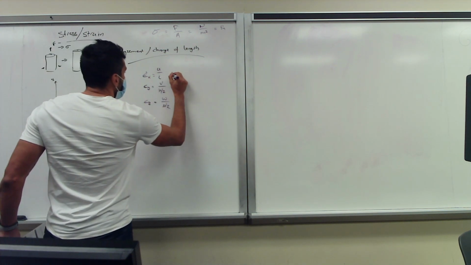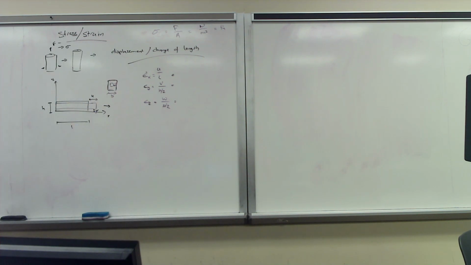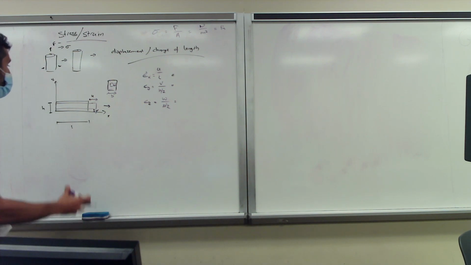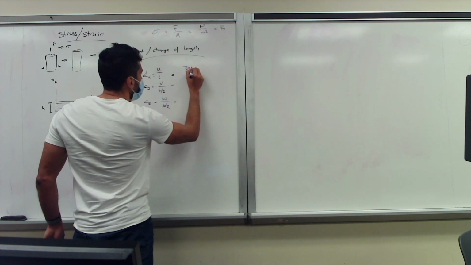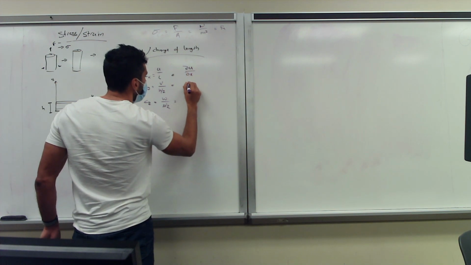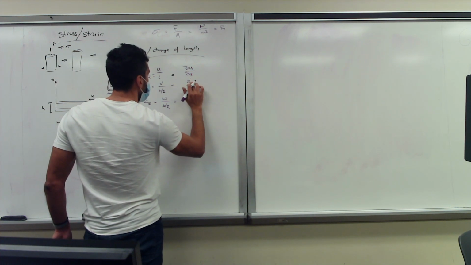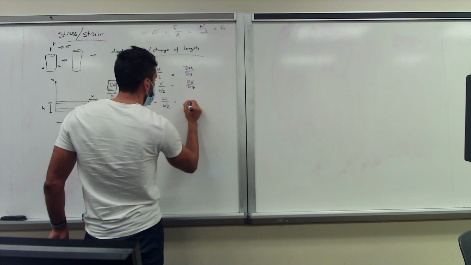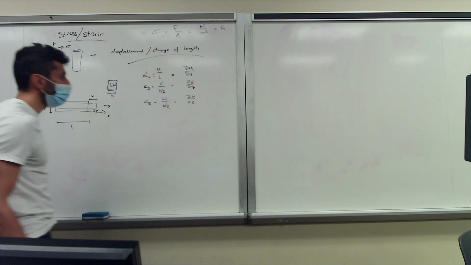If we have a differential element, then the change in length is a differential du, and the original length is increasing with delta x. So the strain is mathematically defined as du/dx, dv/dy, and dw/dz.